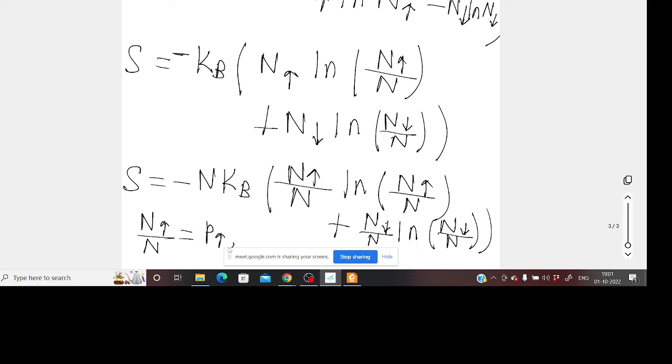This is the probability that a spin is found in the upward direction. Similarly, n down by n equals p down.